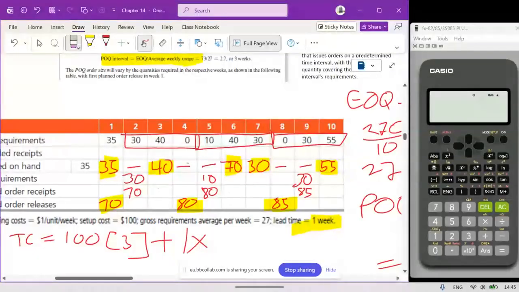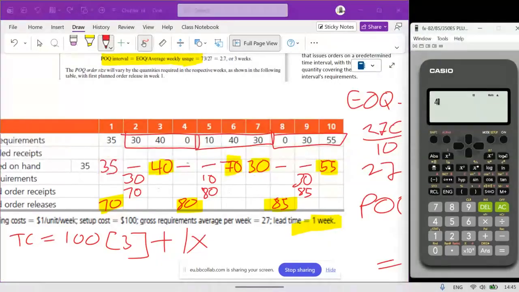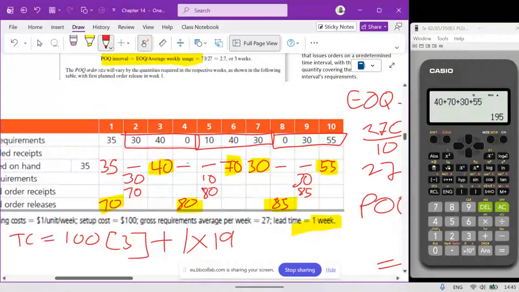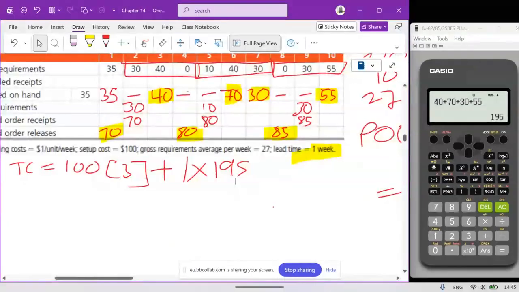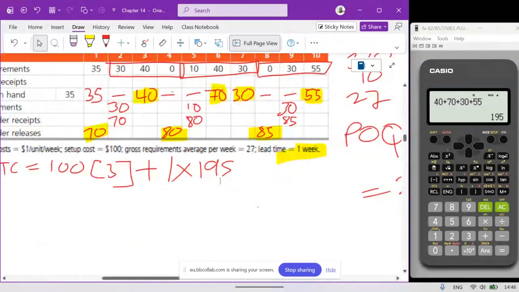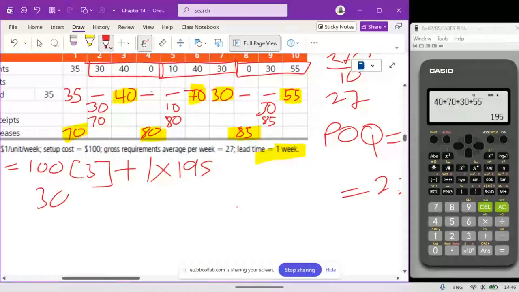Remember this, we don't count. 40 plus 70 plus 30 plus 55 equals 195. Then this is 300 plus 195 equals 495.